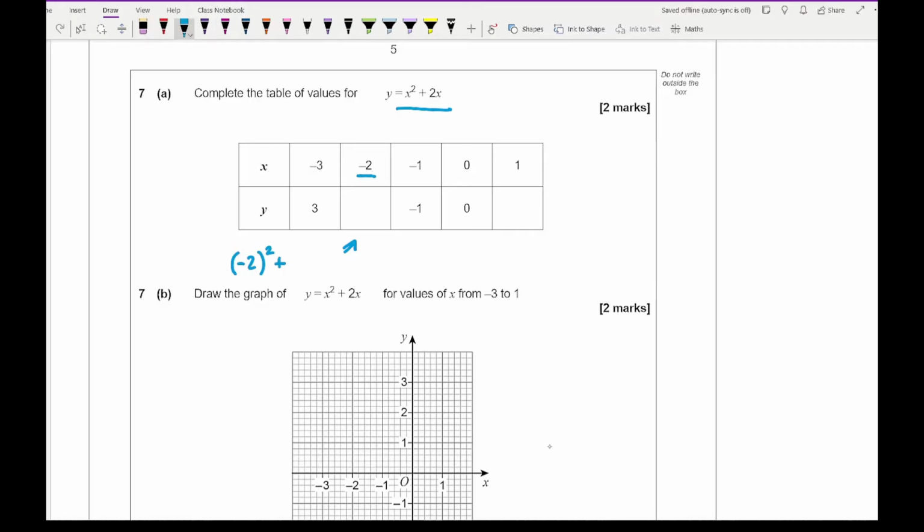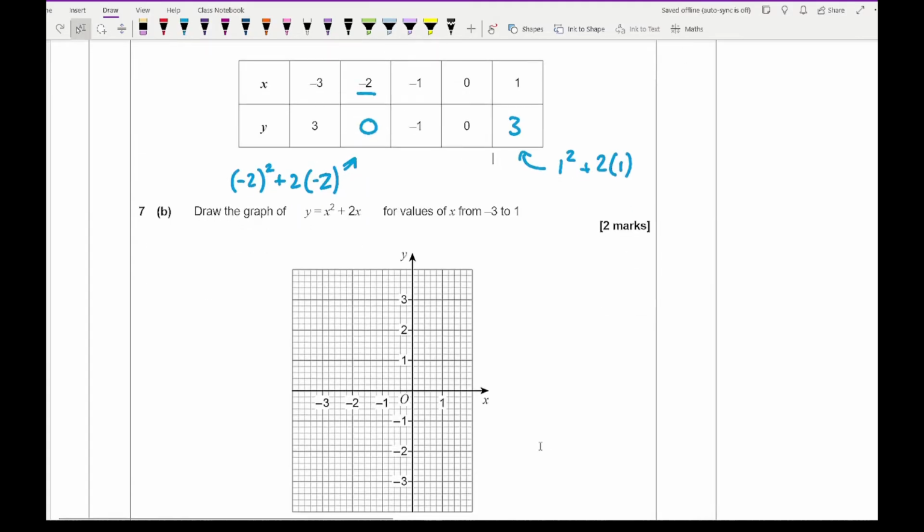So I can just write 2 and then minus 2. Now if I type that all into my calculator, I get an answer of 0. And then for this number here, I've got 1 squared plus 2 lots of 1, and that's going to give me an answer of 3.